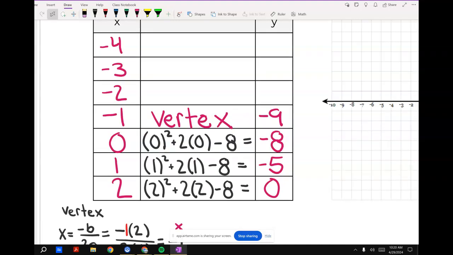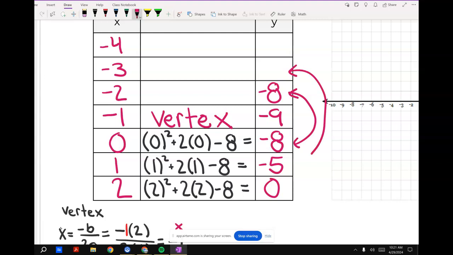The reason we chose to do the vertex first is so we could do this. Remember, in a parabola or in a quadratic, we have symmetry. So around our vertex, things are going to be the same. So I don't have to go through and do my work for these three. I could just use the values that I already found. I know that the output for -2 is going to be -8, because those two match up.